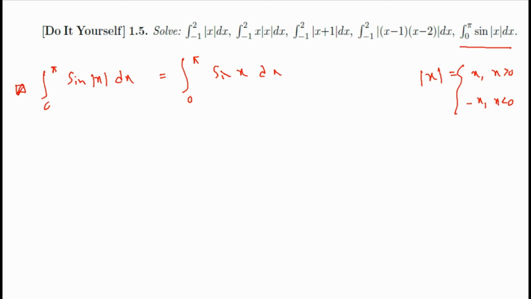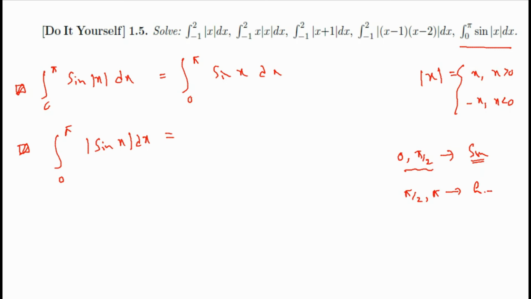Now I would like to discuss, if instead of sine mod x it was 0 to pi mod sine x, then what will happen? In 0 to pi by 2, the sine function is positive. Again, pi by 2 to pi, the sine is also positive. So this is also 0 to pi sine x dx.